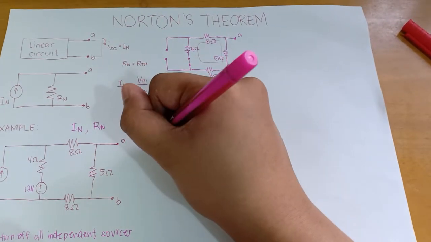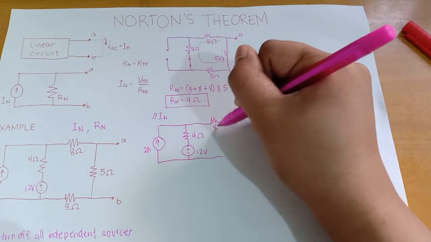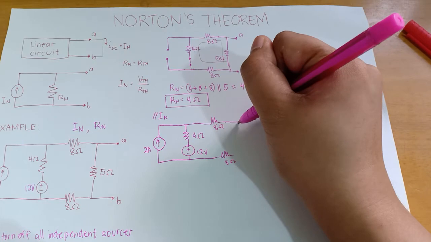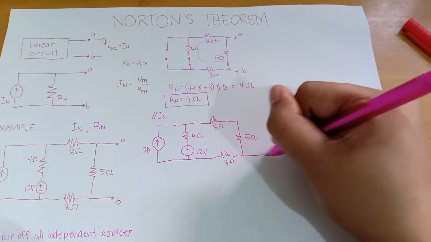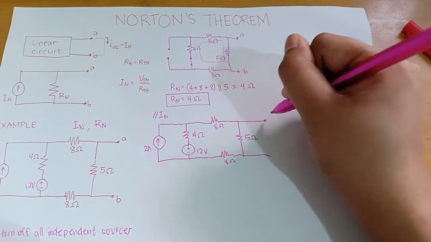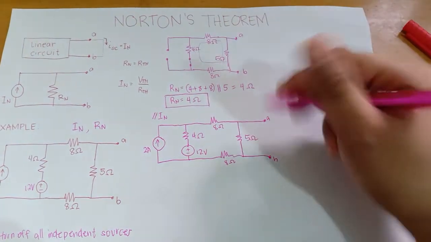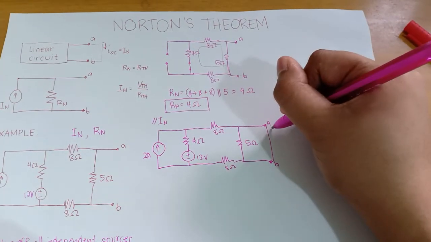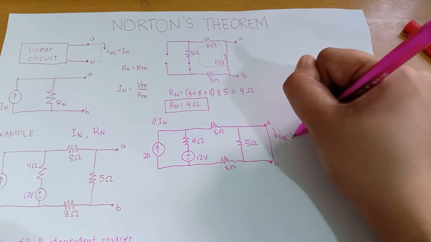Ito, 2 amps. Ito, 8 ohms. 8 ohms. Tapos, 5 ohms. Tapos, itong A and B, this time, isi-short natin. Ano ang current na nagfo-flow dito? Short circuit current equal yan sa IN.